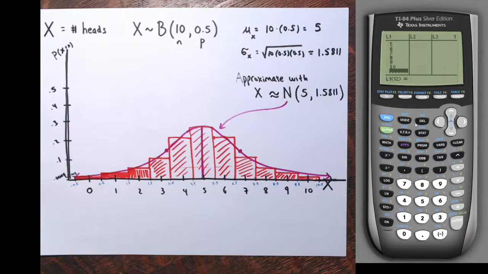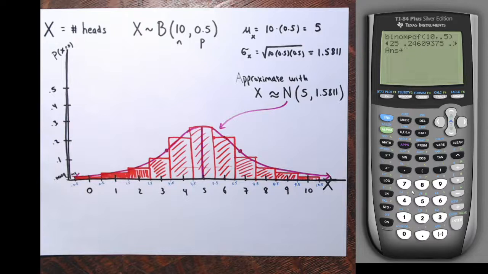Then down List 2, all the probabilities of those successes. Now I already have those. They're what popped up here when I did the binomPDF, 10 trials, probability 0.5. So I just need to take this previous set of all the probabilities and store it. Just hit Store and it takes the previous answer and stores it in List 2.